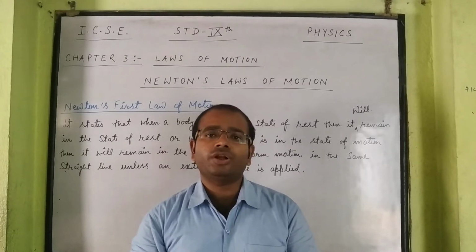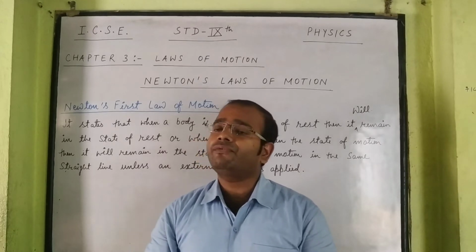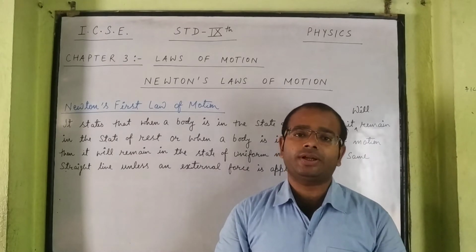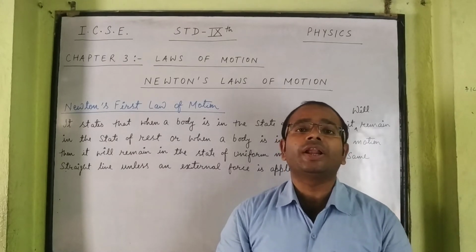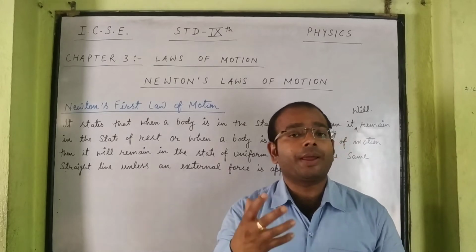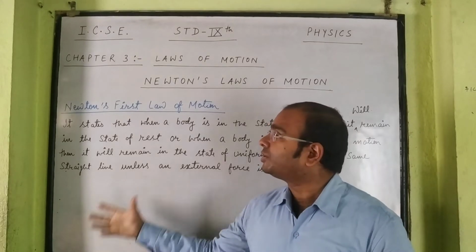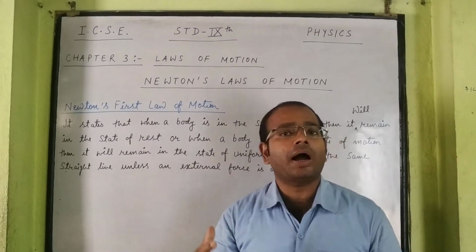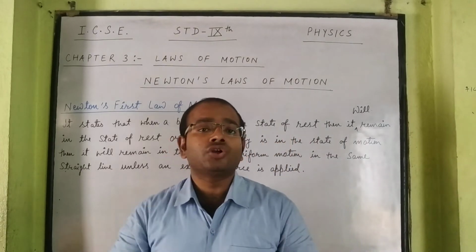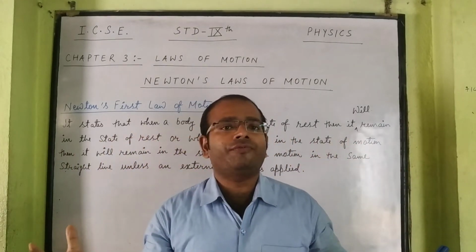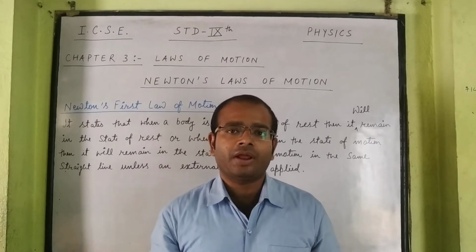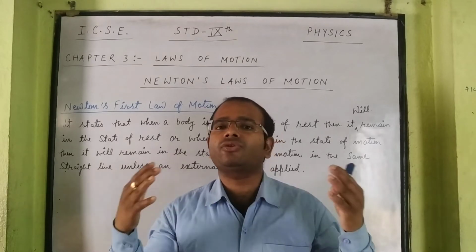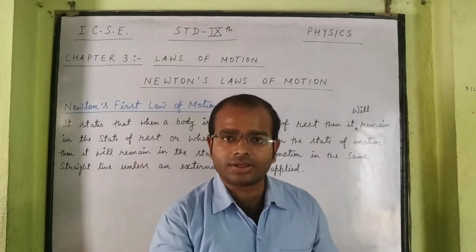Every body has a type of tendency to maintain its previous state, and that tendency is called inertia, a very important term which describes Newton's first law. So Newton's first law gives us an idea about inertia, and there are many applications of Newton's first law in our daily life, and we will discuss them also. What are the phenomena and applications of Newton's first law around us?